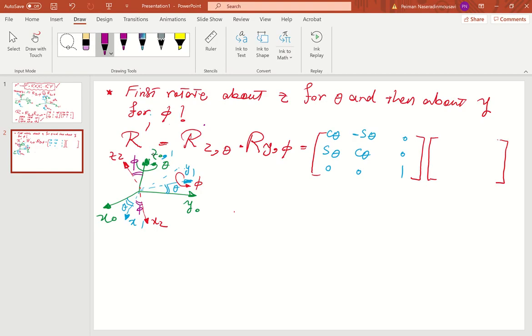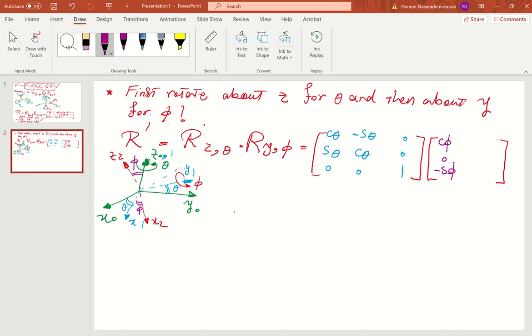So x2 with respect to x1 is cosine phi, x2 with respect to y1 is 0 because its normal, x2 with respect to z1 is minus sine phi, obviously.